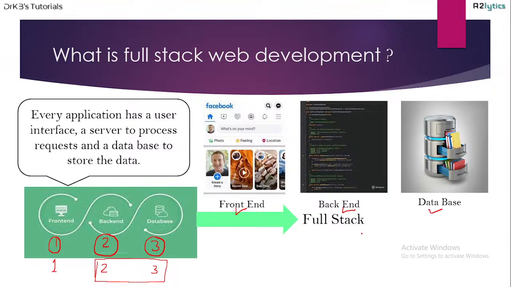So in full stack application development, a developer has to take care of all these 3 things. He has to develop the front-end application, the back-end application, a query processing application, and also applications for database processing. So 3 applications the developer has to develop: front-end application, back-end application and database processing application.